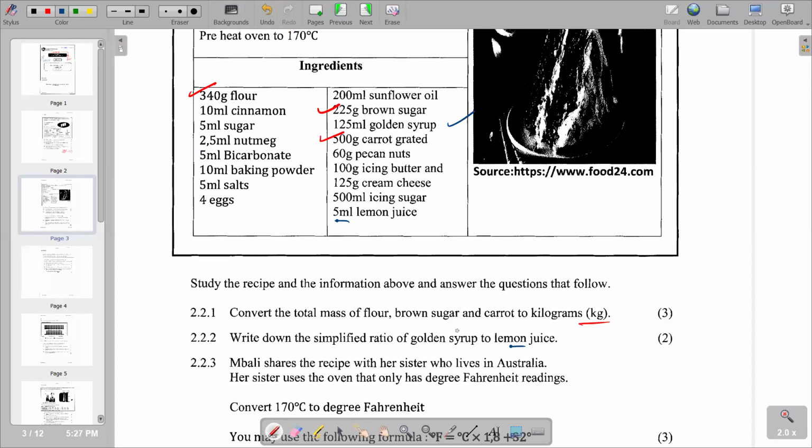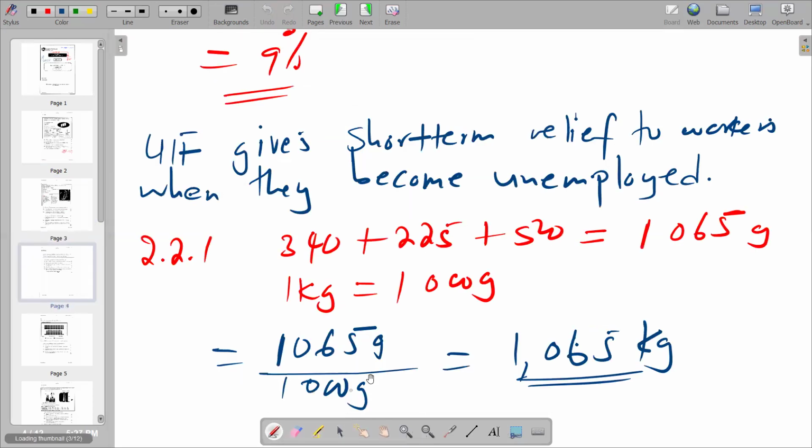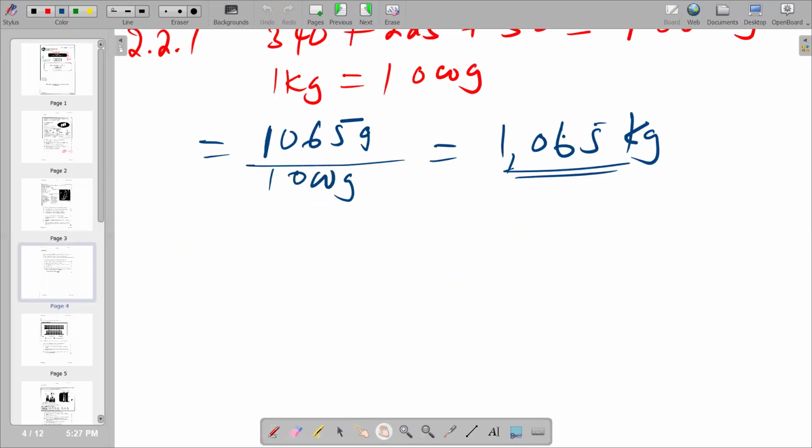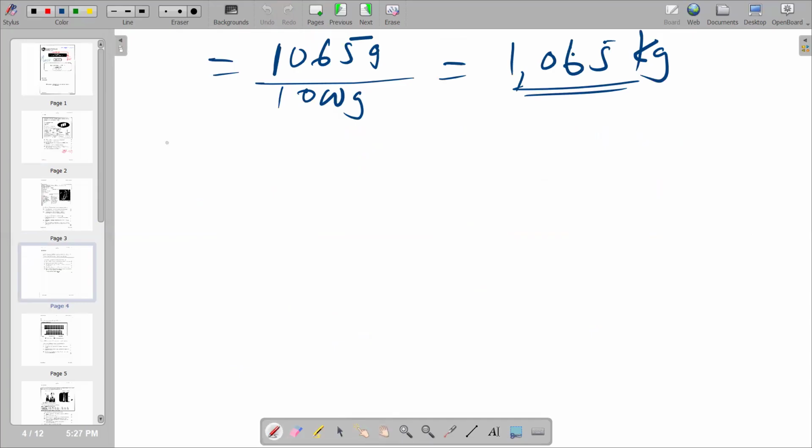So basically it's going to be 125 is to 5. We try to present it in such a way whereby we have 2.2.2, 125 is to 5. So basically you can just look for any number that can divide 5 and 125 without leaving a remainder. And you see that we already have 5 there.